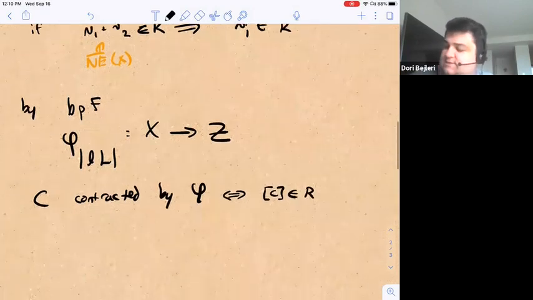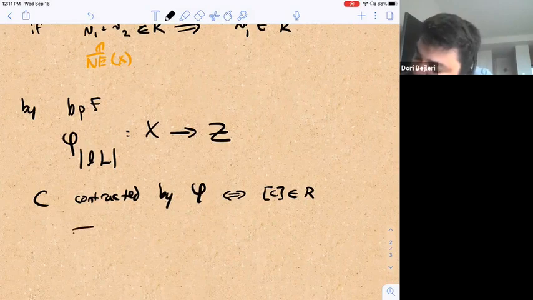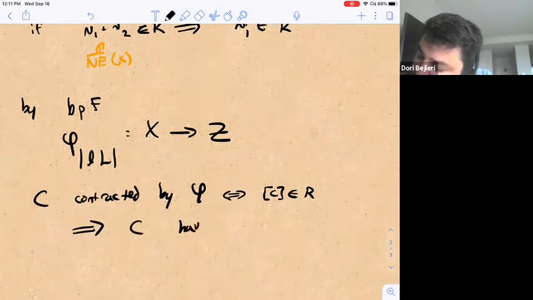And what this buys us, or the extremality of the ray, what this buys us is that this actually implies that these curves C have to be irreducible.